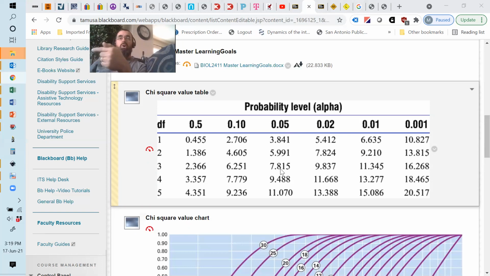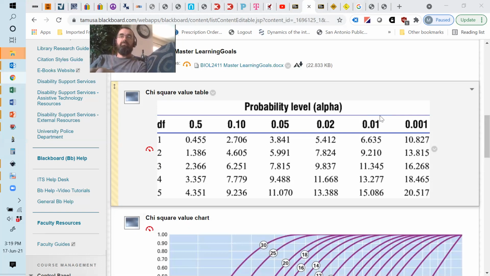So to the right of this column, 0.05 gets ever more significant, because the probability of getting that result by chance gets lower and lower the further to the right of that table you get. So the less likely it is by chance, the more likely it is by something else.